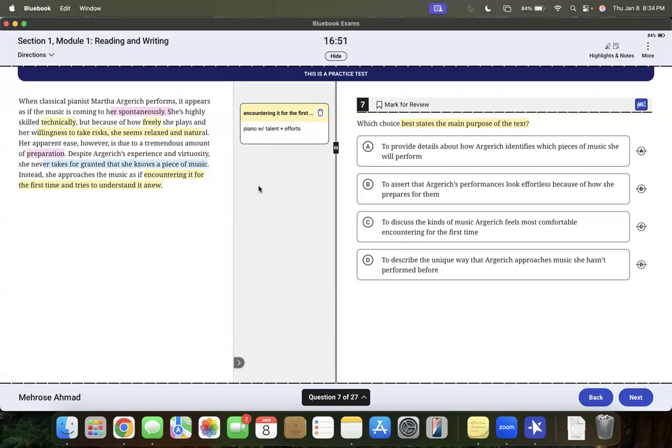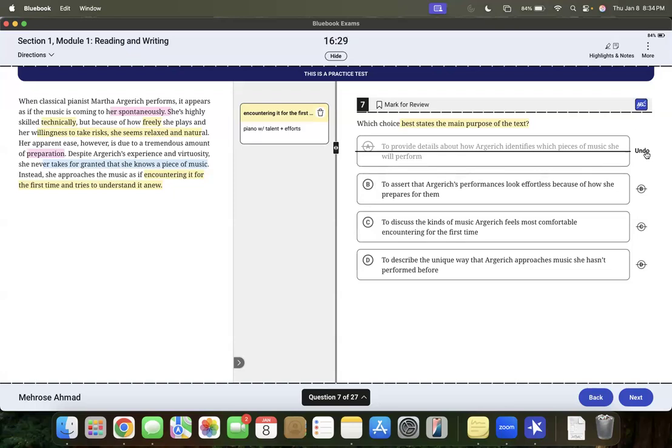So I think it's a good checkpoint to make sure that you are staying focused and being on top of it. Okay. A, provide details about how Argerich identifies which piece of music she will perform. This doesn't really make sense. It doesn't talk about a selection process that she has. It just says, whenever she does perform, it's amazing to see because it's highly skilled, but also natural.